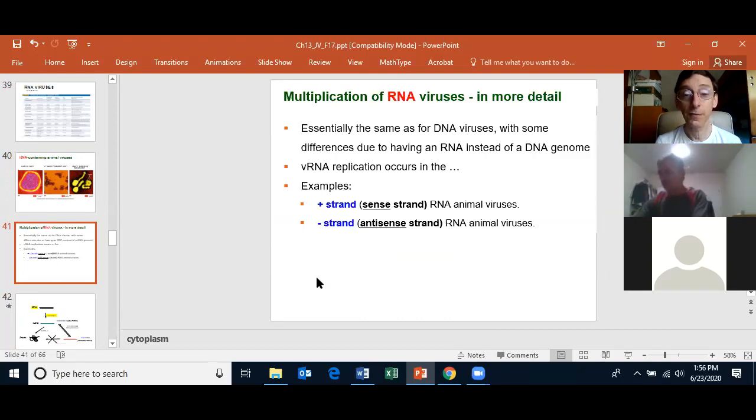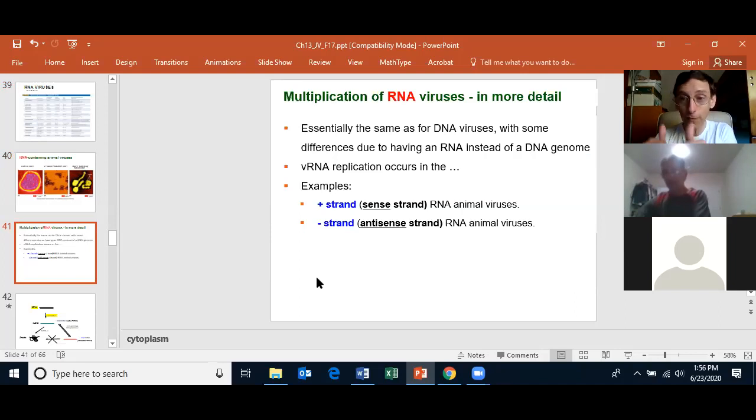The main difference you need to know about is that the RNA-containing viruses replicate in the cytoplasm, not in the nucleus. The DNA animal viruses replicate in the nucleus, but RNA animal viruses replicate in the cytoplasm. That is the main difference.